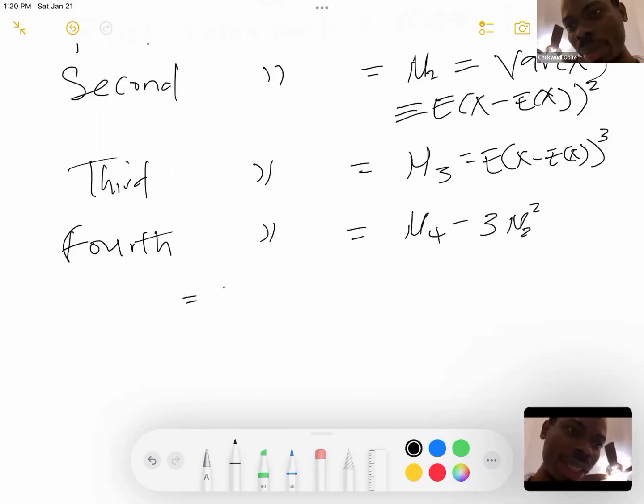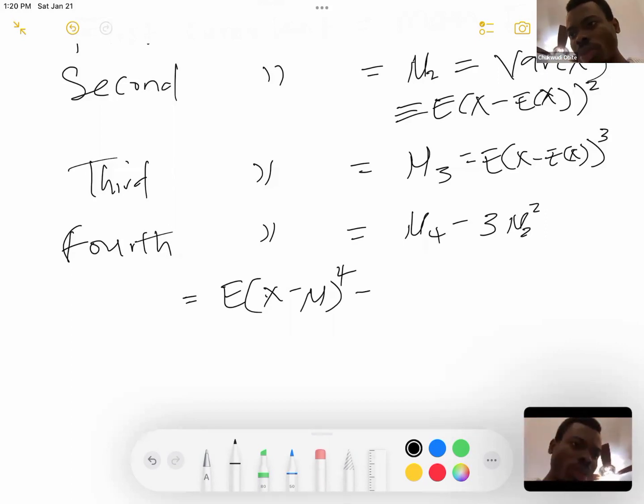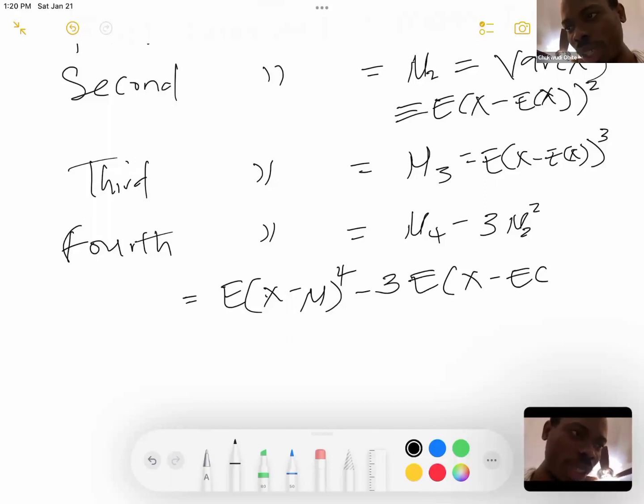And you can write this as the expected value of X minus mu, all raised to the power 4, minus 3 times the expected value of X minus the expected value of X, all raised to the power 2, then you square all this.